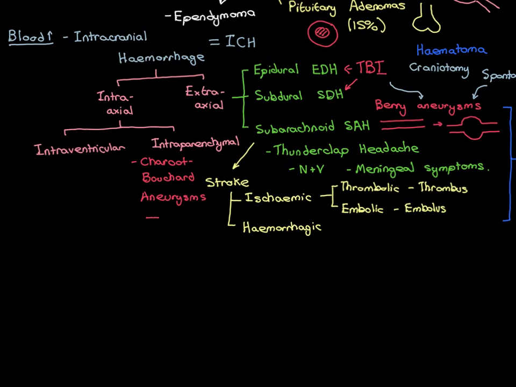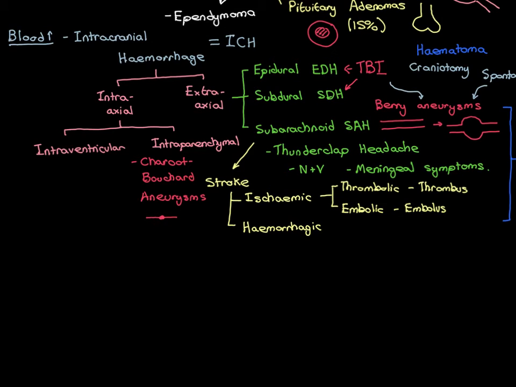So let me try and draw this here. So here's a tiny little blood vessel, and here this little expansion there, that's representing a tiny little Charcot-Bouchard aneurysm. So generally, intraparenchymal hemorrhages are caused by the rupture of these tiny little Charcot-Bouchard aneurysms. So this is going to rupture, and again it can be ruptured either spontaneously or due to traumatic brain injury.